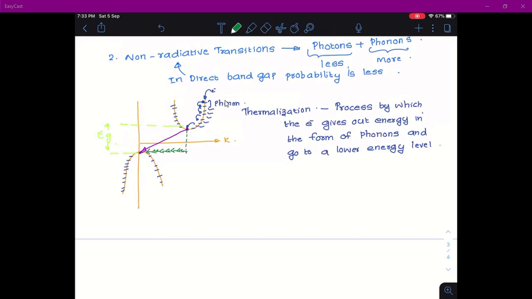Or, if the energy level is very small, then it can emit its energy by phonon. A phonon has a small amount of energy which can be emitted, and it can change its momentum. So this is basically the change in momentum, and this is basically the change in energy.